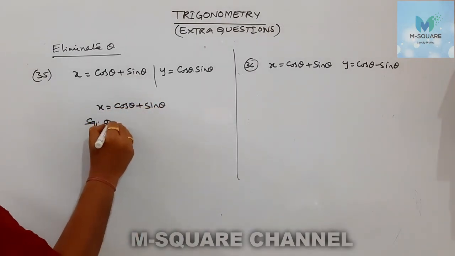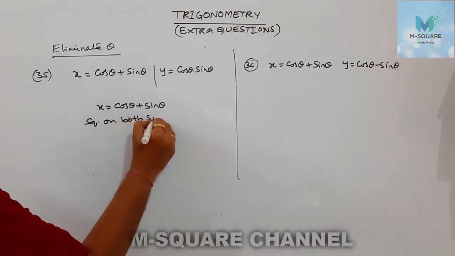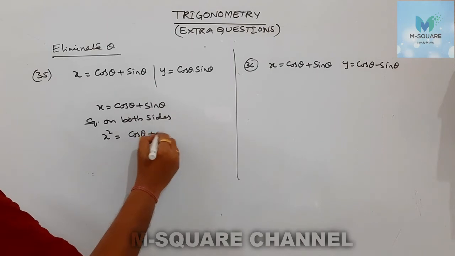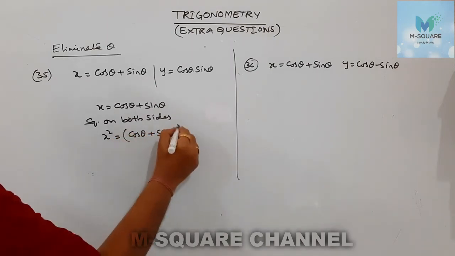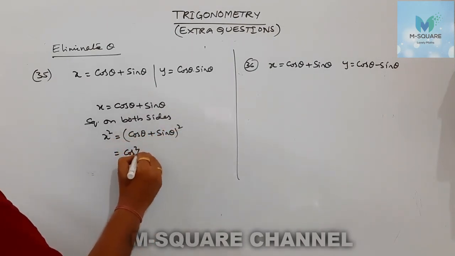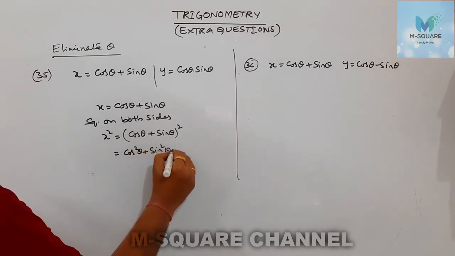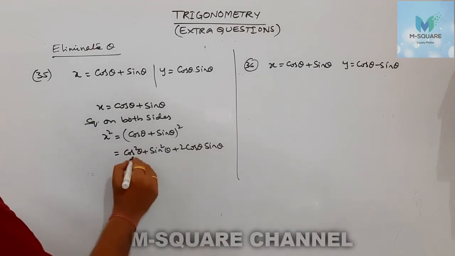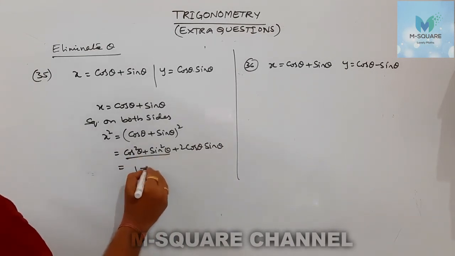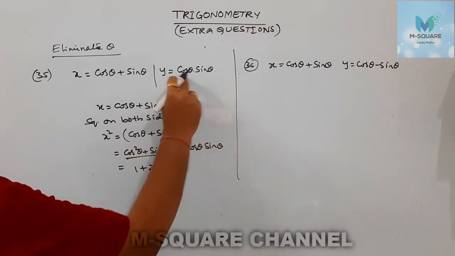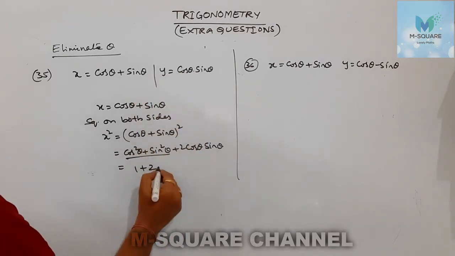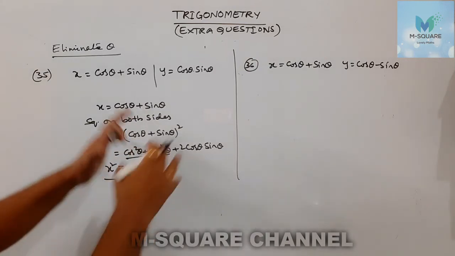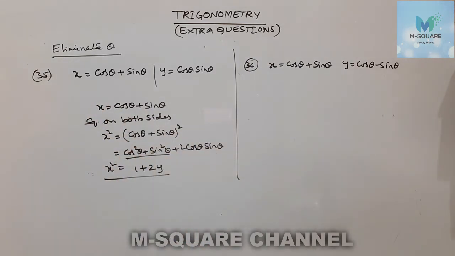So, squaring on both sides, x square equal to cos theta plus sin theta whole square. So cos square theta plus sin square theta plus 2 cos theta sin theta. This part is 1 plus 2 cos theta sin theta, and cos theta sin theta means y. So 2y. So x square equal to 1 plus 2y. So we remove the theta like this.